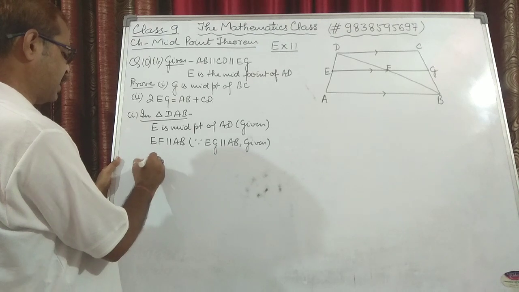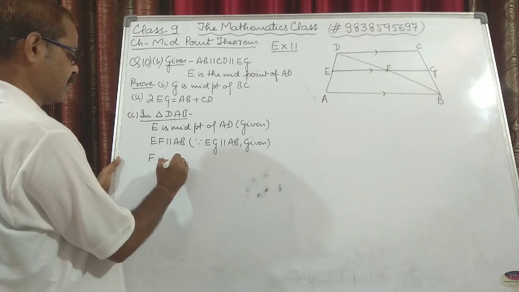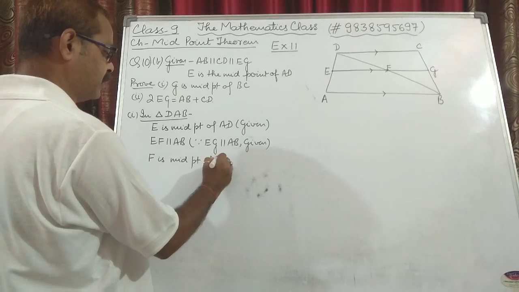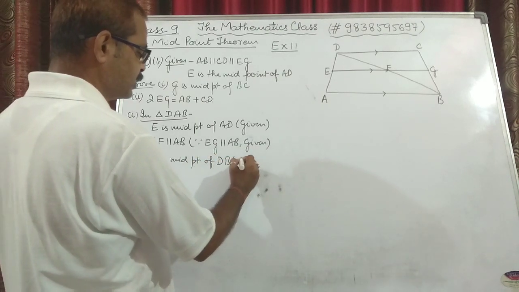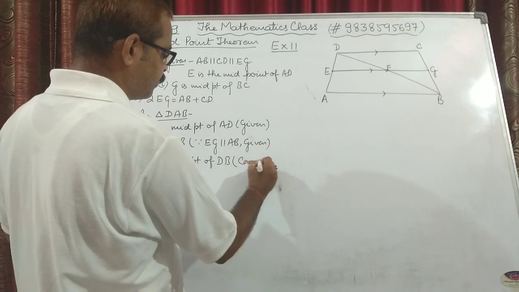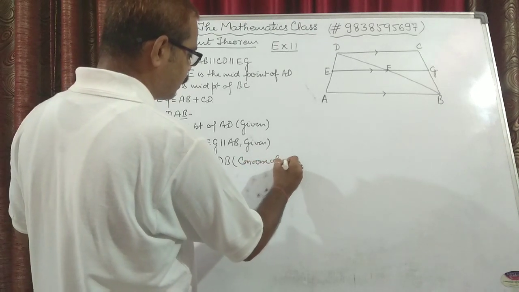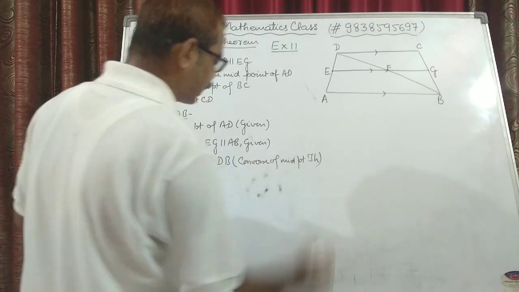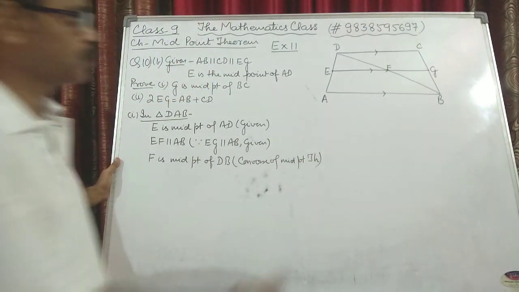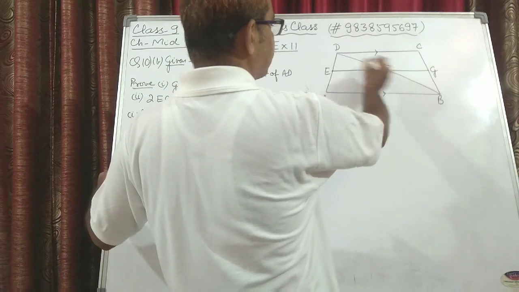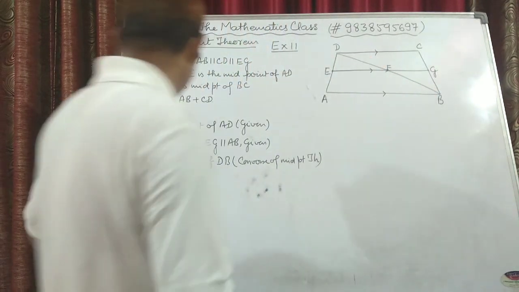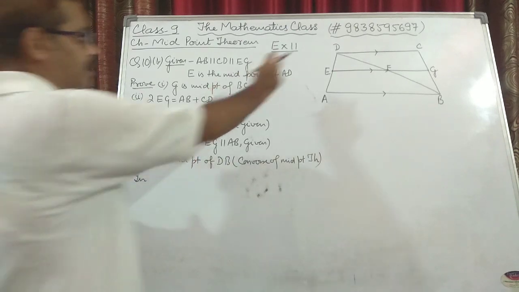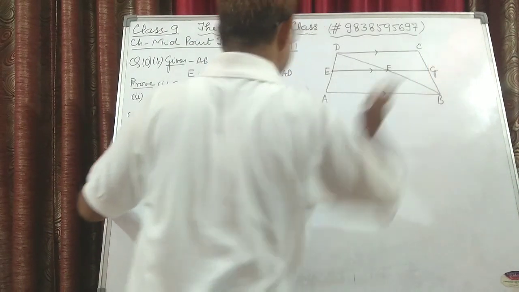So we can say that F is midpoint of DB. By what reason? By converse of midpoint theorem, we have proved that F is the midpoint of DB. Now what we will do, we will consider the other triangle DBC.